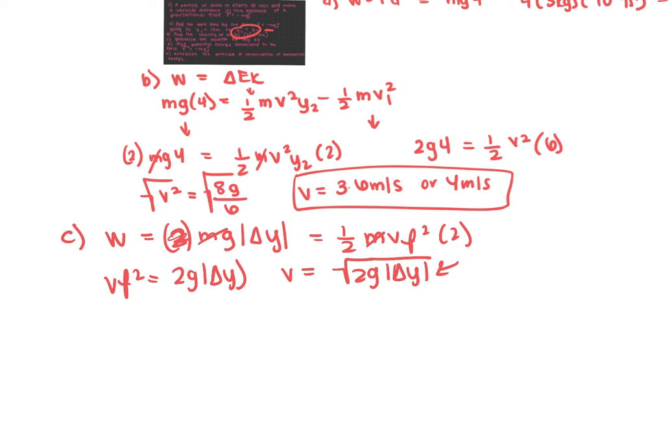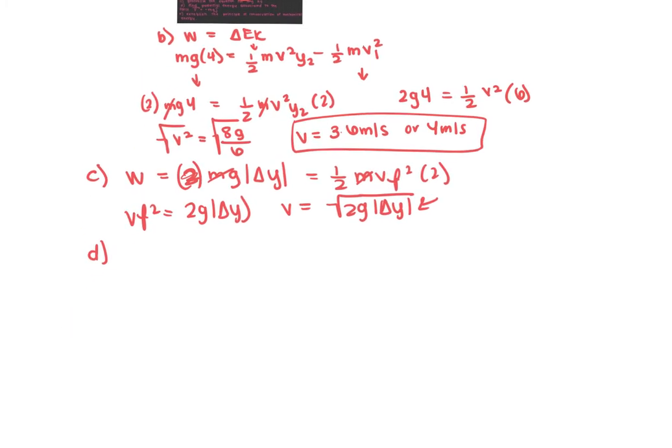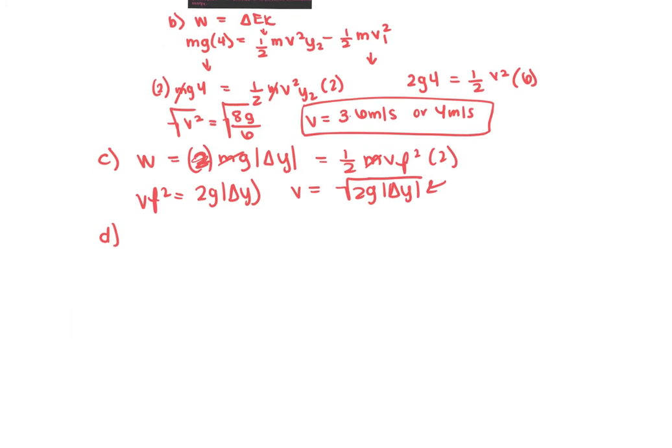Now for D, we would have to work out using the work equals the mass times the gravity of y1 minus y2, which would be equal to the potential energy y1 minus the potential energy y2.